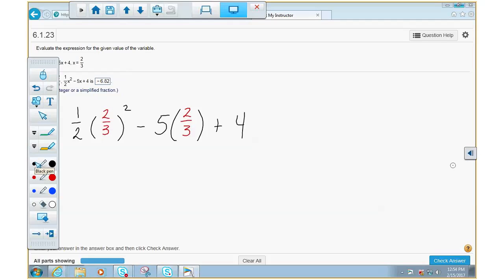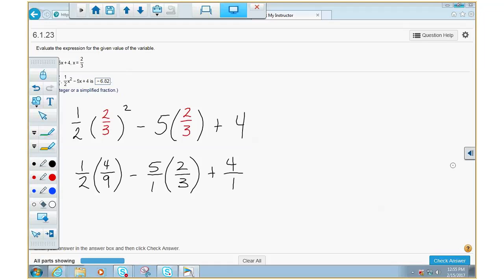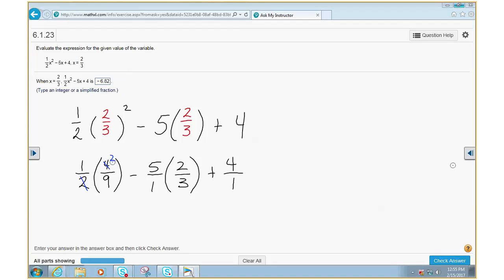I'm going to turn everything into a fraction. Anything cancel here? Nope.